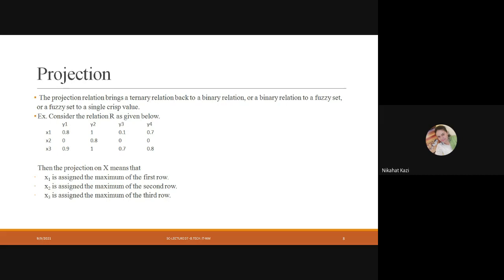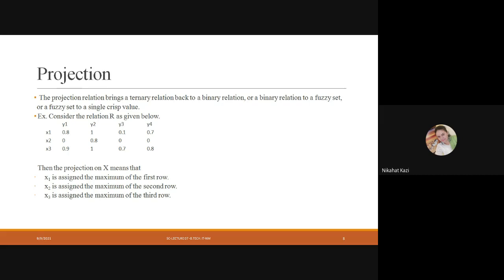Now, next is projection. Projection is a different kind of operation. It basically reduces a relation to a lower dimension, to a smaller dimension.